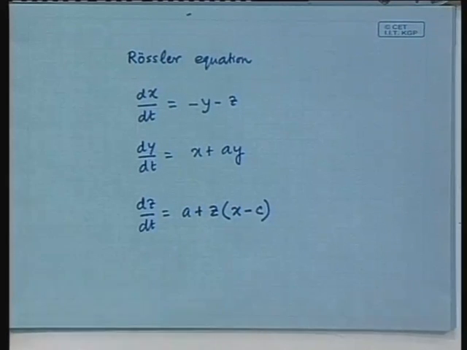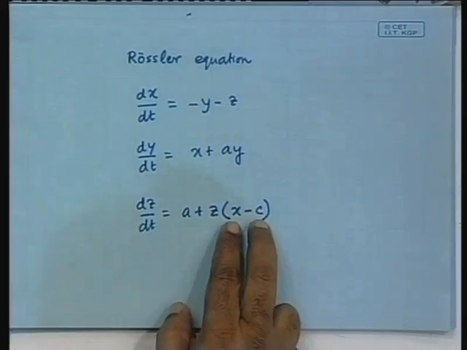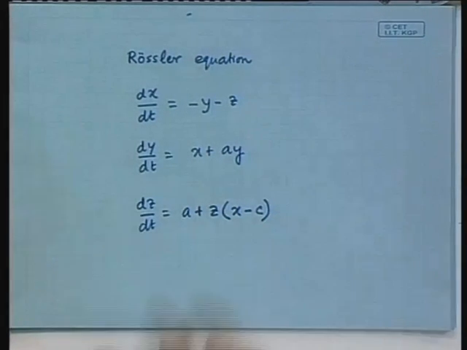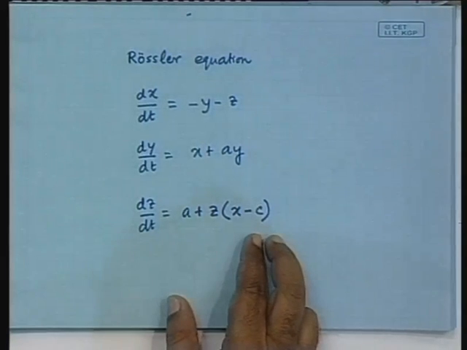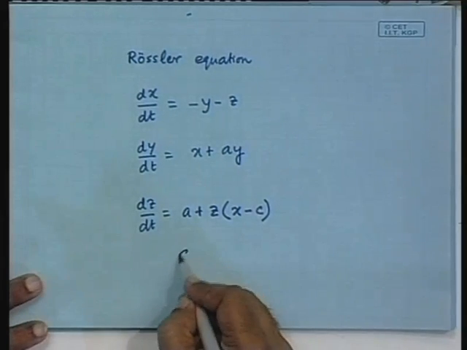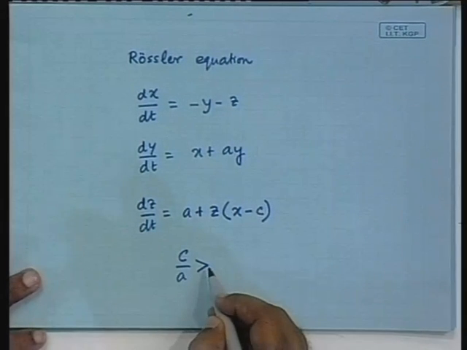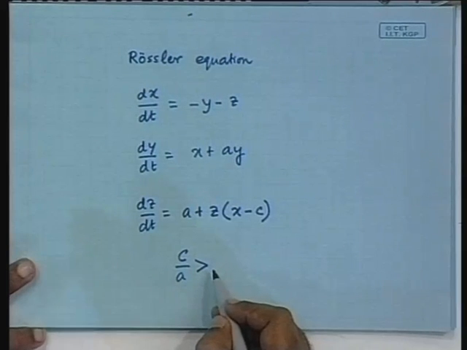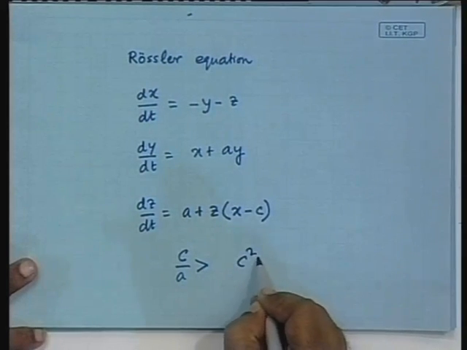Okay. Now, depending on the relative values of C and A, under what condition would they exist, under what condition they would not? C square is greater than 4A.